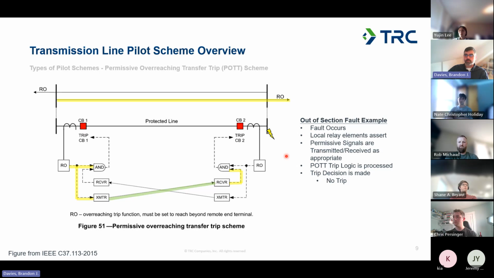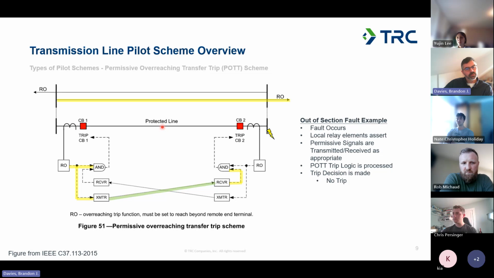I'm going to move over to, I think the next one's a directional comparison blocking scheme. Can we go with the example and with the figure on the example? I mean, these are the two examples I have, the in-section or out-of-section fault example. Is there one you had a specific question on? Yeah, that's right.